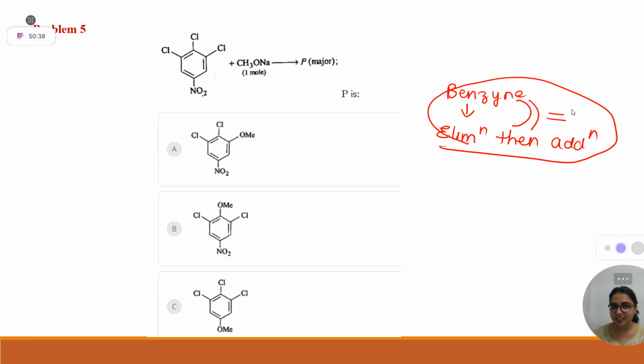Whoever is answering, tell me with reason. I will give 5 points to that person. That's a very good problem. It will be very helpful in your exam also. At the end of this course, you are going to give an exam, right? If I'm not wrong.